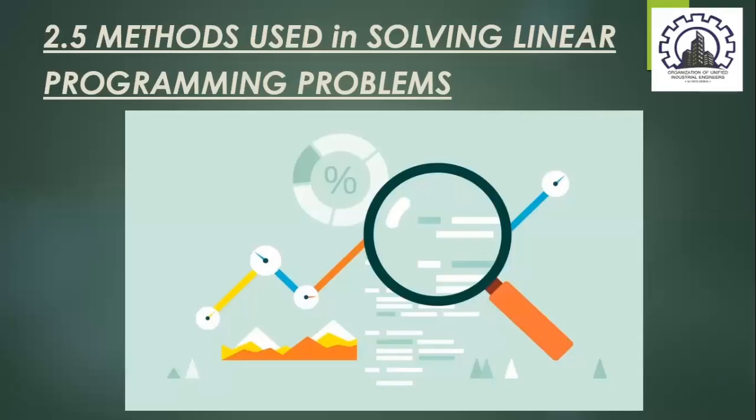Finally, the last key area that I'm going to highlight is the methods used in solving linear programming problems. Take note, we are already aware that linear programming is a method of solving the type of problem in which 2 or more candidates or activities are competing to utilize the available limited resources with a view to optimize the objective function of the problem.